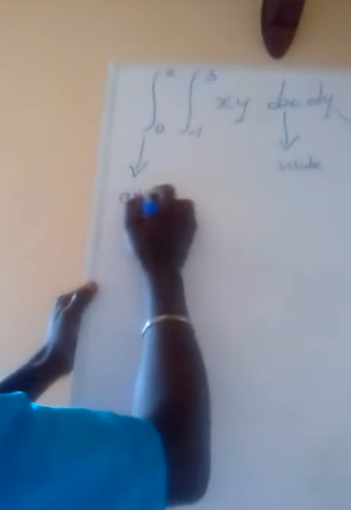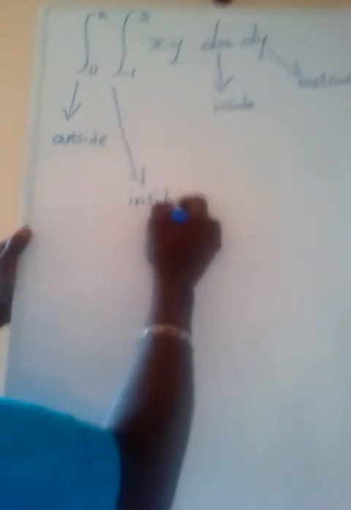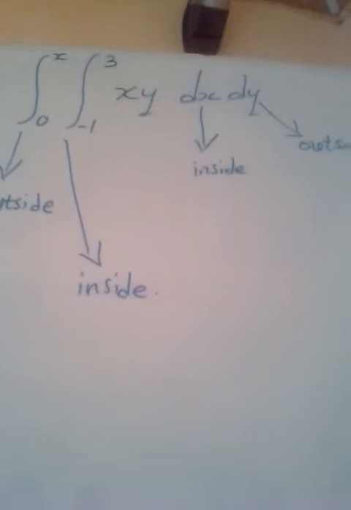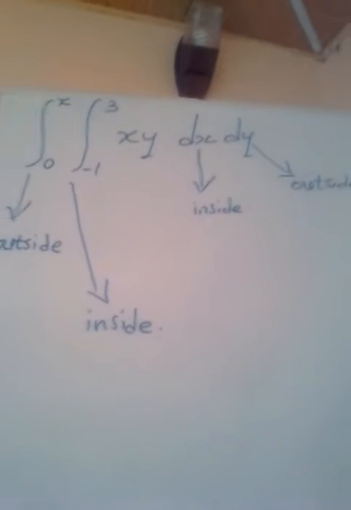Now, with this, we also say this is outside, and then this is also inside. Look at it carefully. Look at the inside and then the outside.